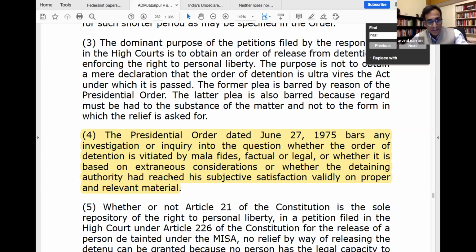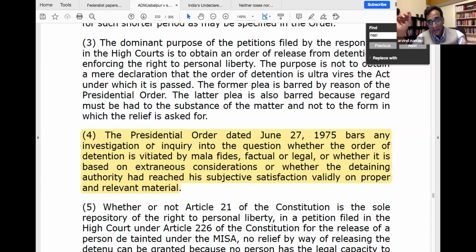Yeah, you just relate this densely packed language of legalese to Justice Khanna's question, which he asked Narendra, right? That's the point. You think the presidential order bars any investigation or inquiry into the question whether the order of detention is vitiated by any mala fides, factual or legal, or whether it is based on extraneous consideration, or whether the detaining authority reaches the subjective satisfaction validly or properly on relevant material.